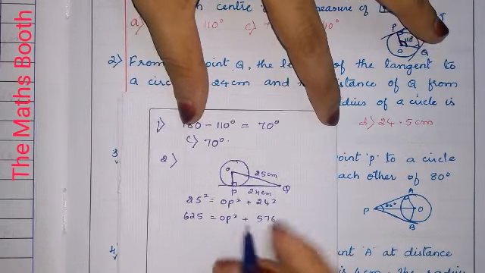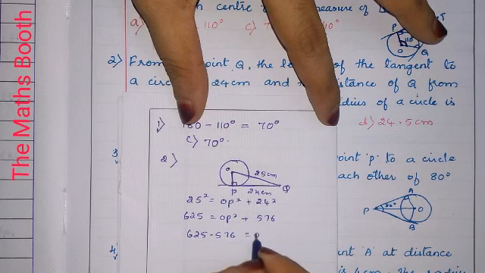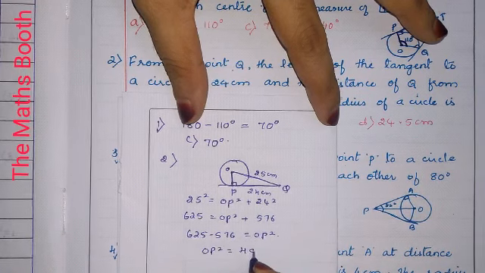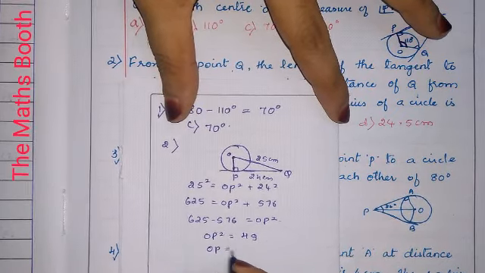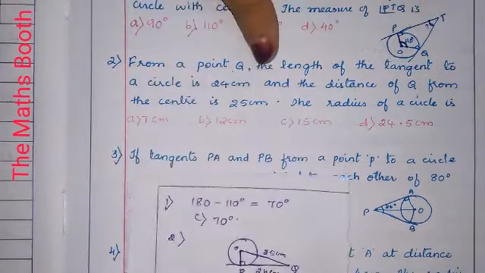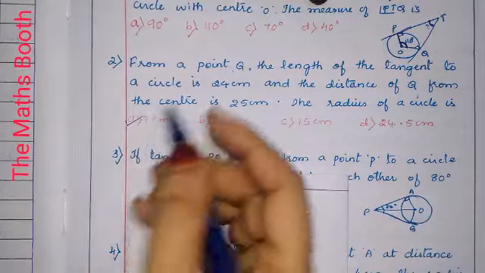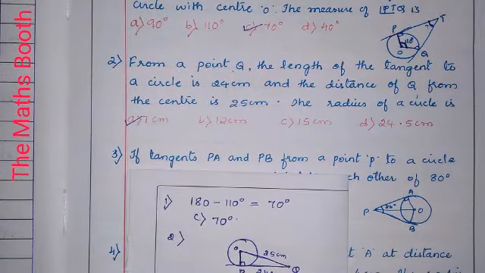So 625 minus 576 is equal to OP square. OP square is 49. Then OP is equal to 7 centimeters. So the radius is 7 centimeters.